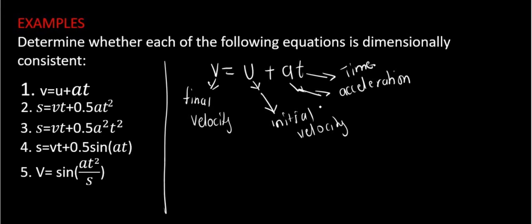So before you do anything, we need to check what kind of dimensions velocity has. What are the units of velocity? It is meters per second. And when you take meters into dimension, it is length, which is represented by L. How about seconds?